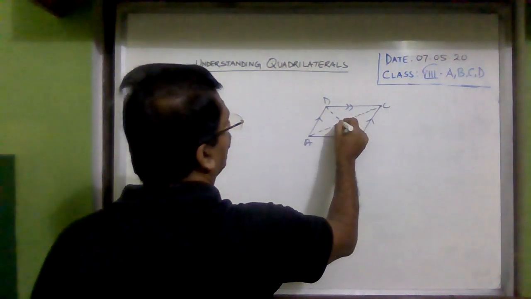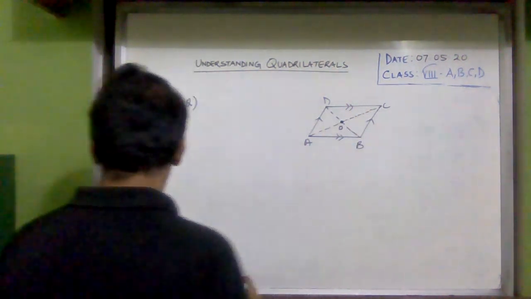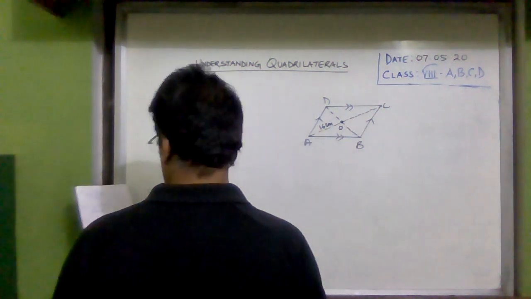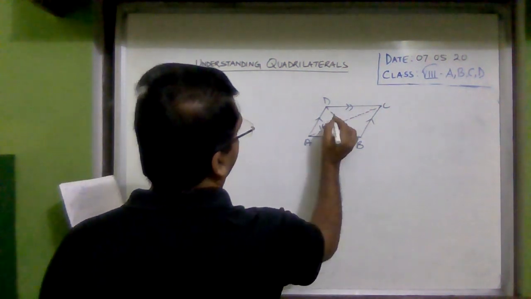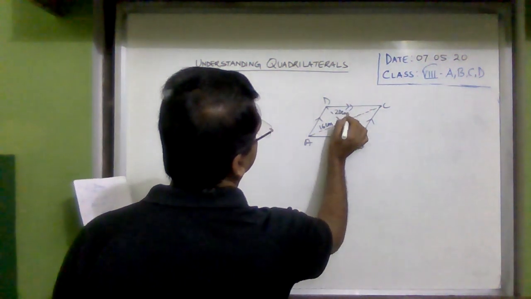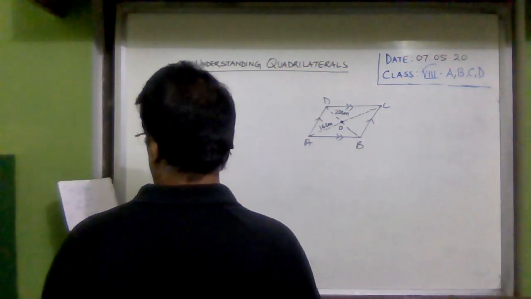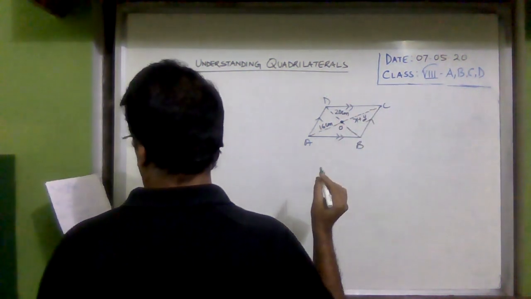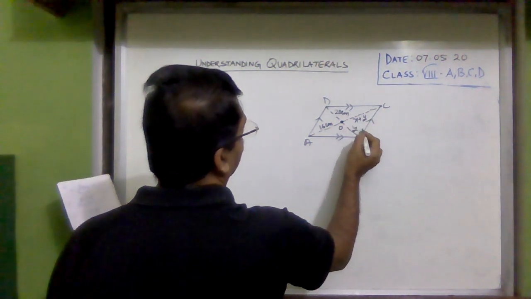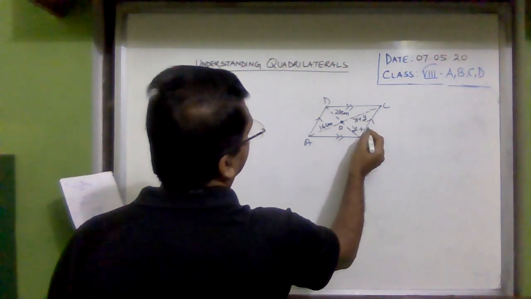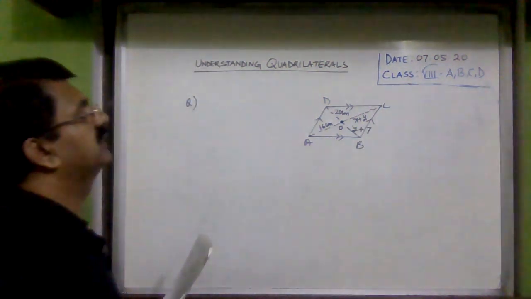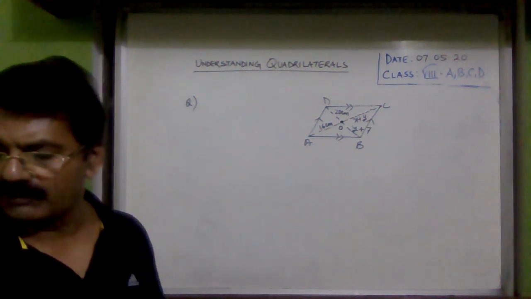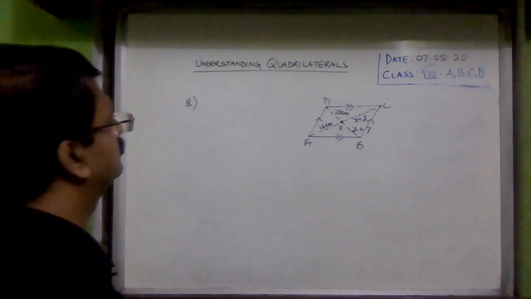Now the two diagonals meet at point O. Now it is given length AO is 16 cm, length OD is 20 cm, length OC is x plus y and length OB is y plus 7. Now with the properties of a parallelogram, you have to find the value of x and y.